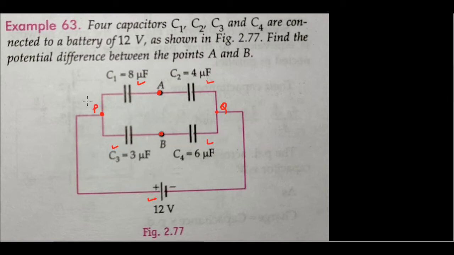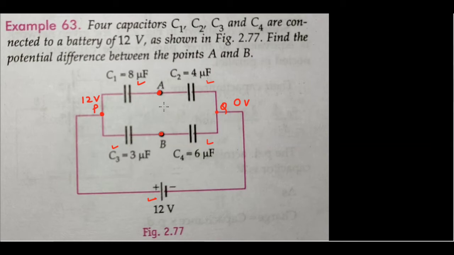If I assume that the potential of P is 12 volt, then the potential of Q will be 0 volt, because 12 volt minus 0 is 12 volt. Or you can take the potential of point P to be 13 volt and the potential of Q to be 1 volt, so 13 minus 1 will be 12. But for our mathematical simplicity, let us take the potential of point P to be 12 volt and the potential of point Q to be 0 volt.